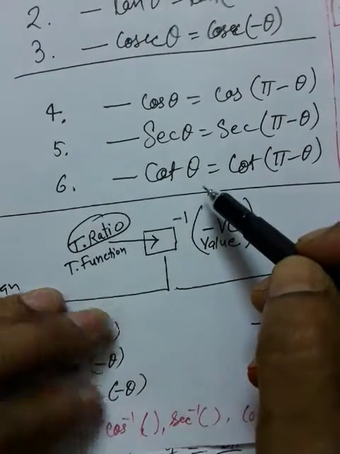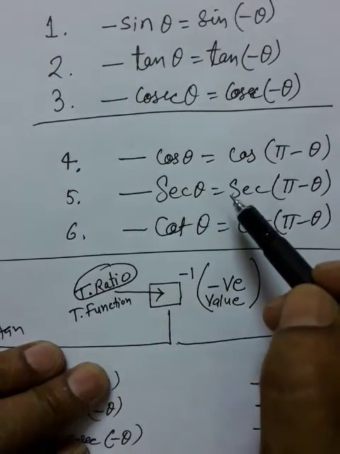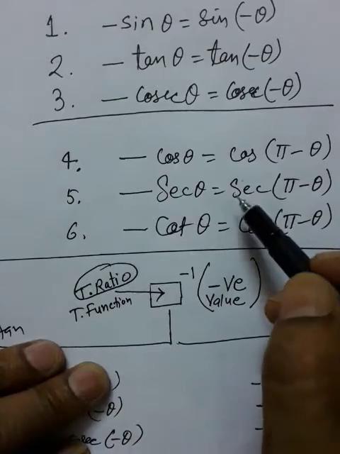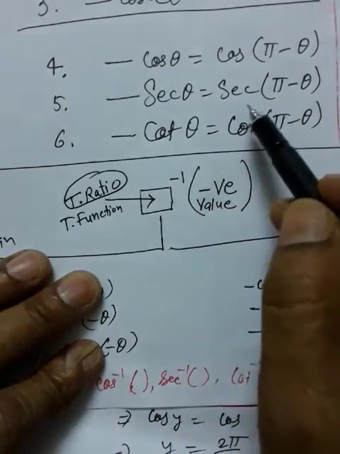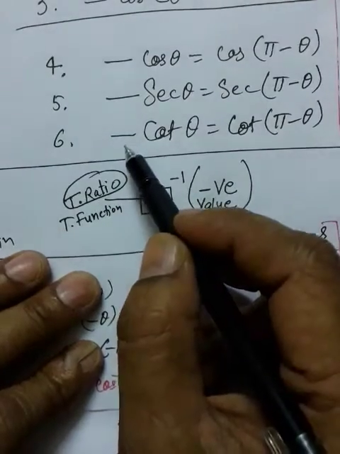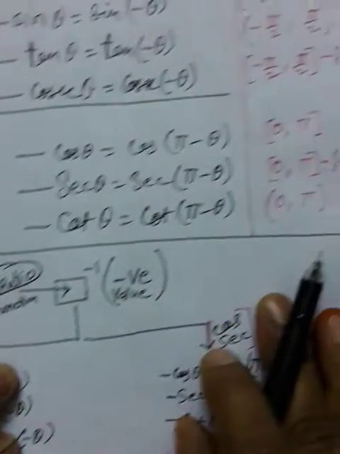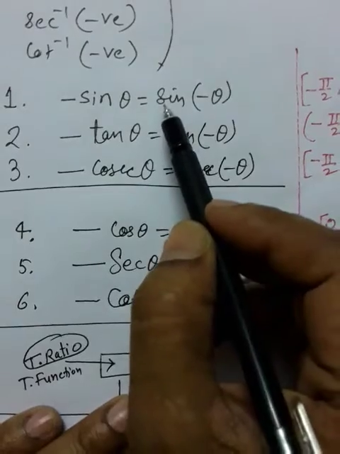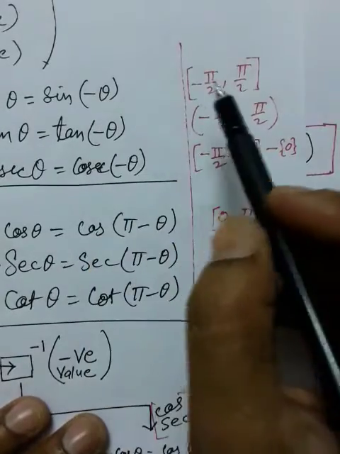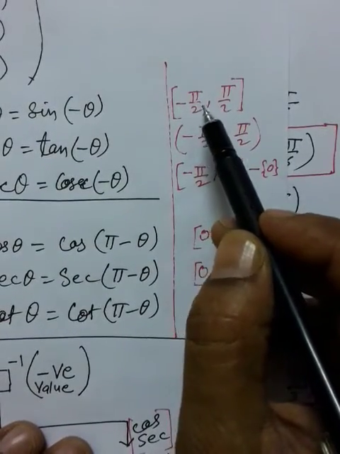Write them at one place. Make a page and put it before you for practicing questions, and after some time you will have mastery over this. If it is minus sec theta, then put sec pi minus theta. If it is minus cot theta, put cot pi minus theta. And why do we have this? We have the logic. Dear children, why can you put sine minus theta here? Because the principal value branch for sine inverse is this, so theta can be negative.